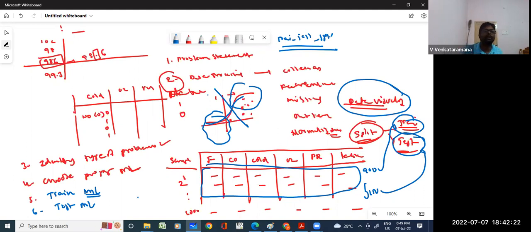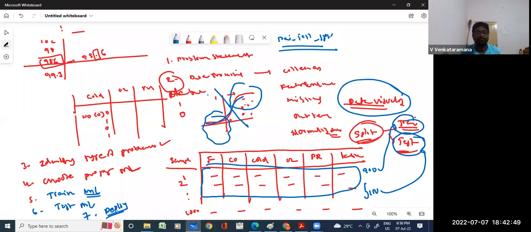Okay. So once you are happy with the performance of the model on the existing data, you trained and you tested, and you feel that it is performing well, you have to deploy your model for real time. These are the steps that we generally follow in the machine learning pipeline.